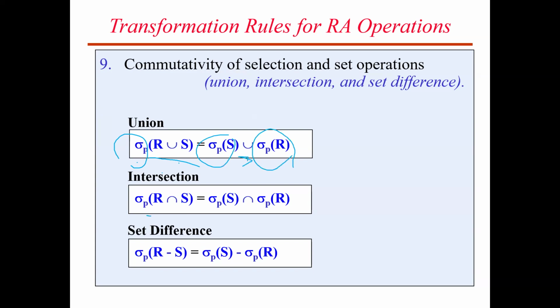It is the same. Intersection also works like this, and difference also works like this. So if you want to select with predicate P from R minus S, it is the same as selecting from R, then minusing the selection from S.